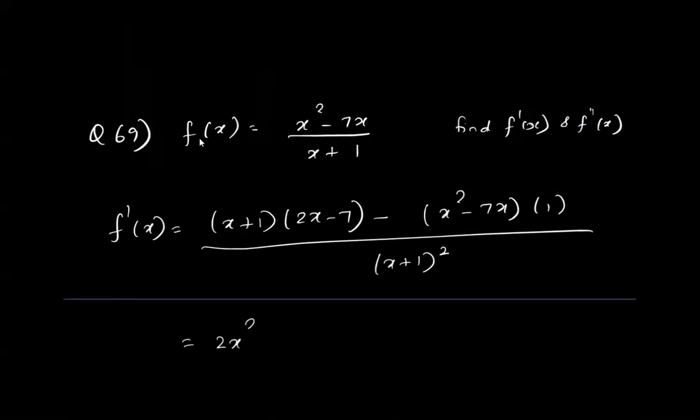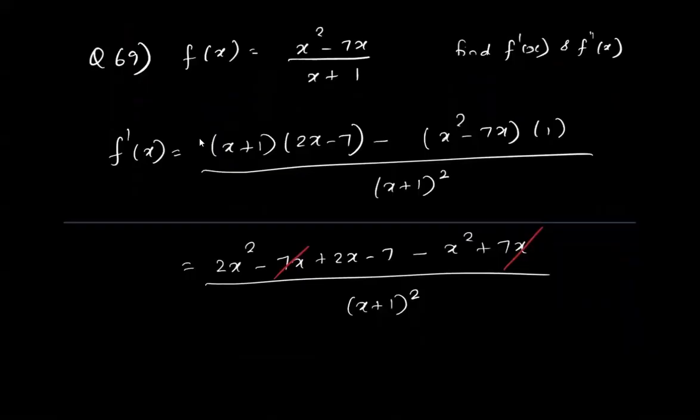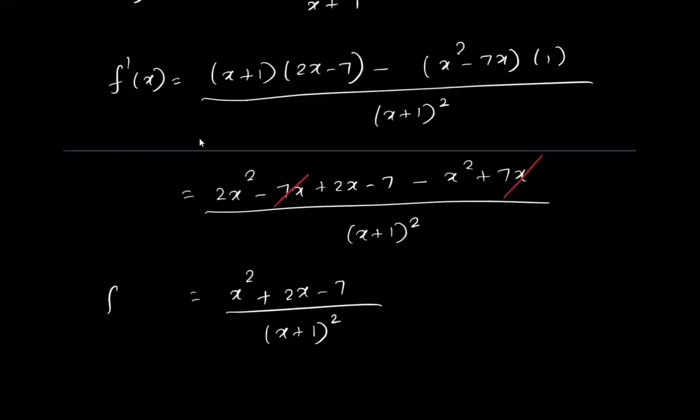I have 2x squared minus 7x plus 2x minus 7 minus x squared plus 7x, all over (x plus 1) the whole squared. So let's see what gets cancelled. This and this goes away. So I'm left with x squared plus 2x minus 7. Okay, so this is my first order derivative.